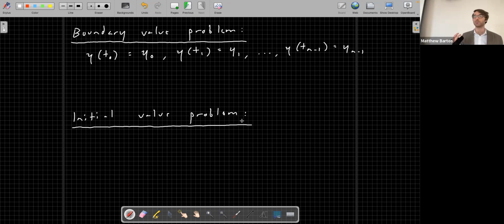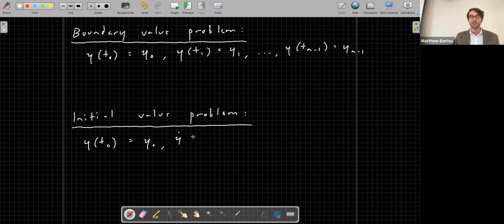And for an initial value problem, you essentially specify values of the output and its derivatives at the first time step. Okay, so we will have, for instance, the value of the output at time 0 is equal to y0.